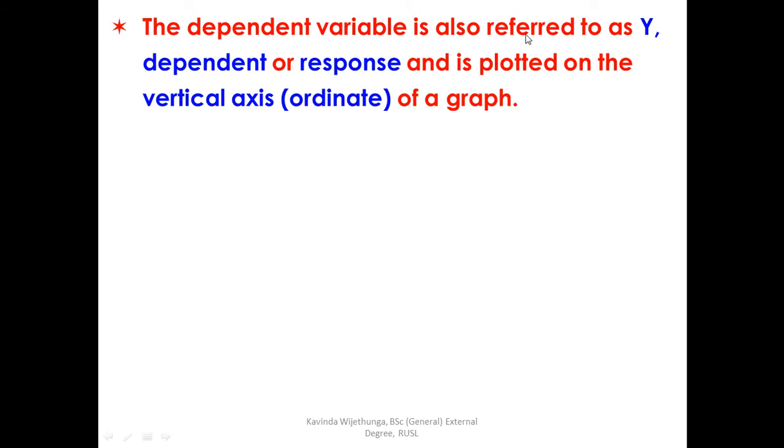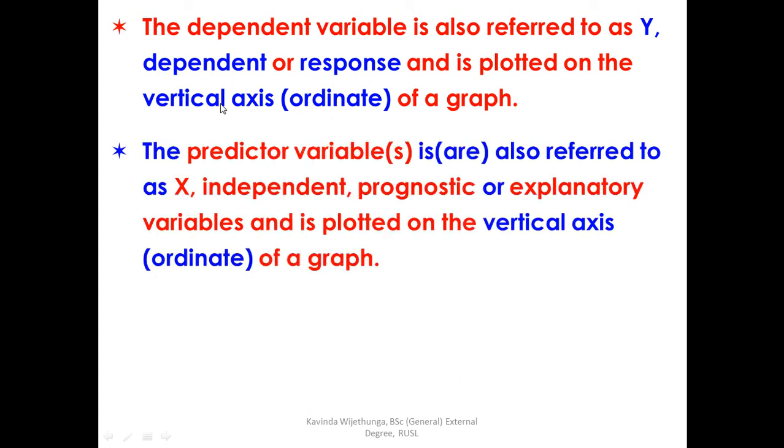Dependent variable is also referred to as y, dependent or response, and plotted on the vertical axis, the ordinate of a graph. So you know that the y-axis is the vertical side. And the predictor variable or variables are also referred to as x, independent, prognostic or explanatory variables, and plotted on the horizontal axis of a graph.